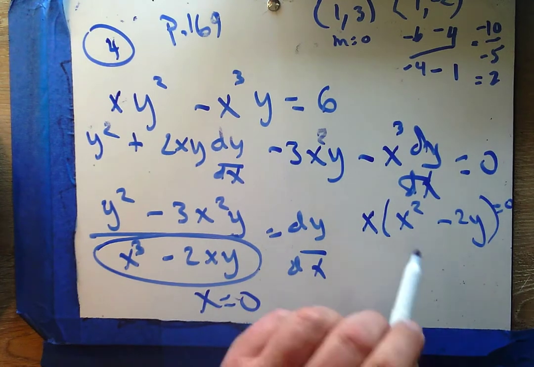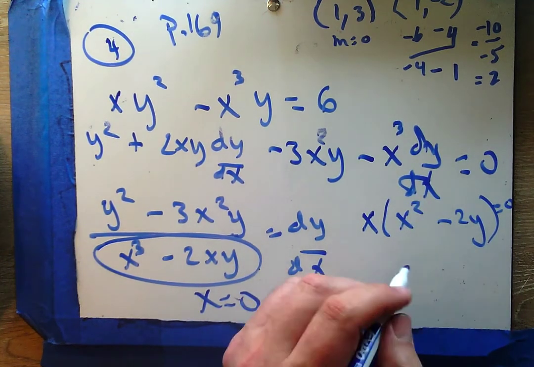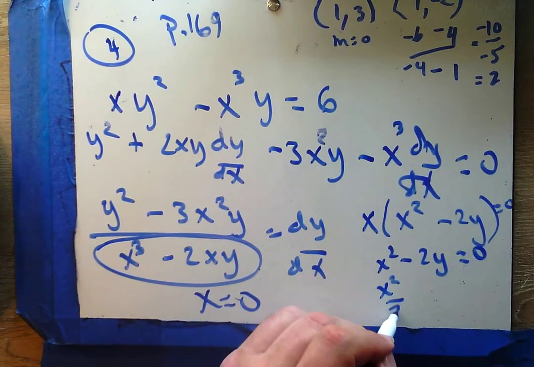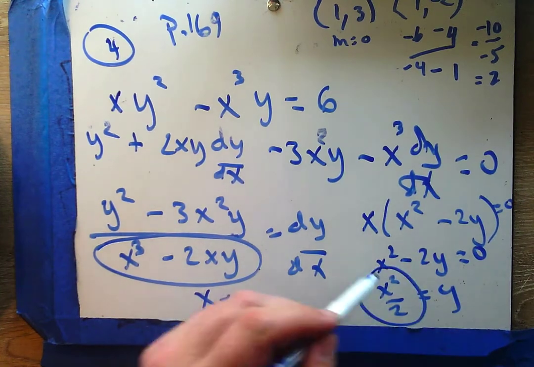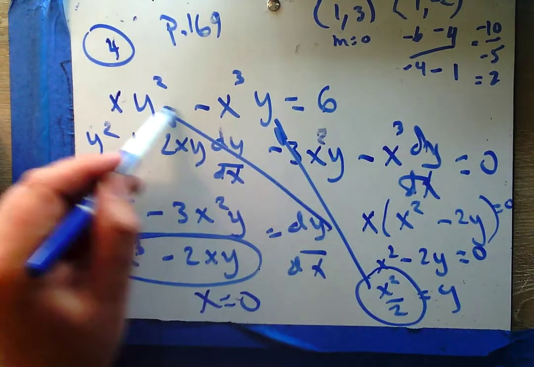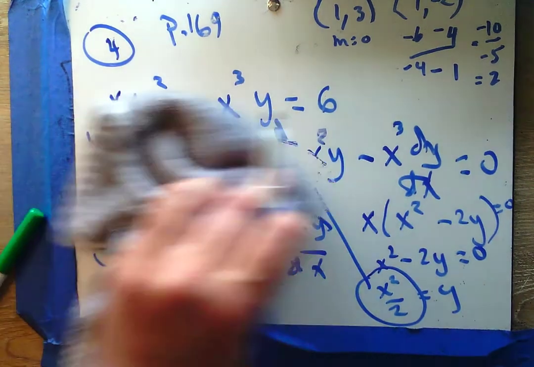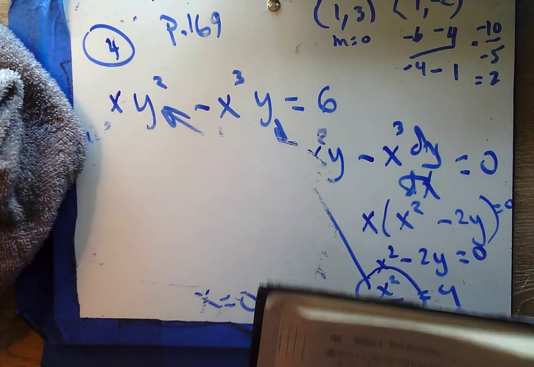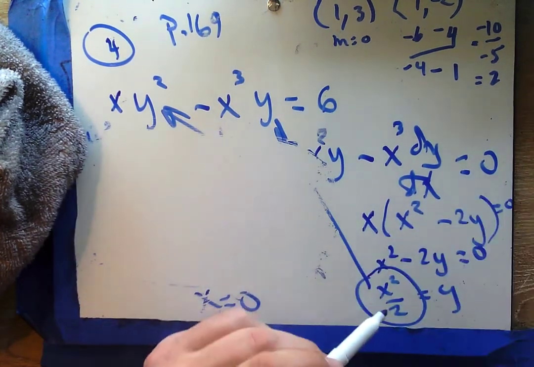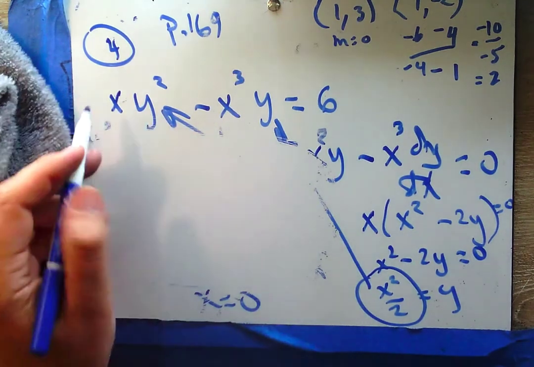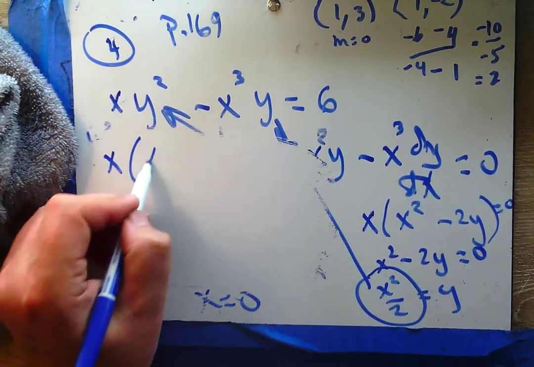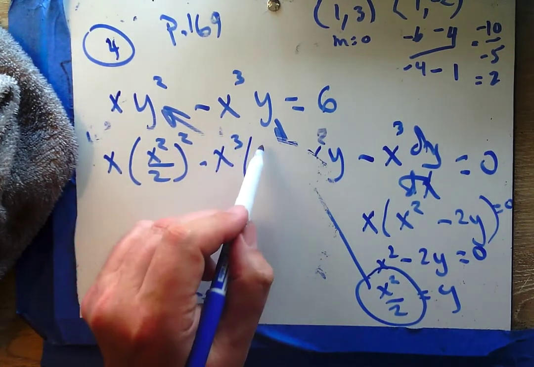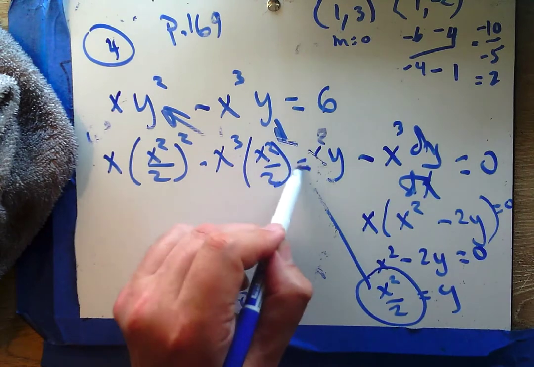What about solving this? I know that x squared minus 2y equals 0, so x squared over 2 equals y. Now I have to take this and plug it in for all the y's. Now we're looking for the x-coordinate at each point. Okay, there's one. So x squared over 2 squared minus x to the third times x squared over 2 equals 6.